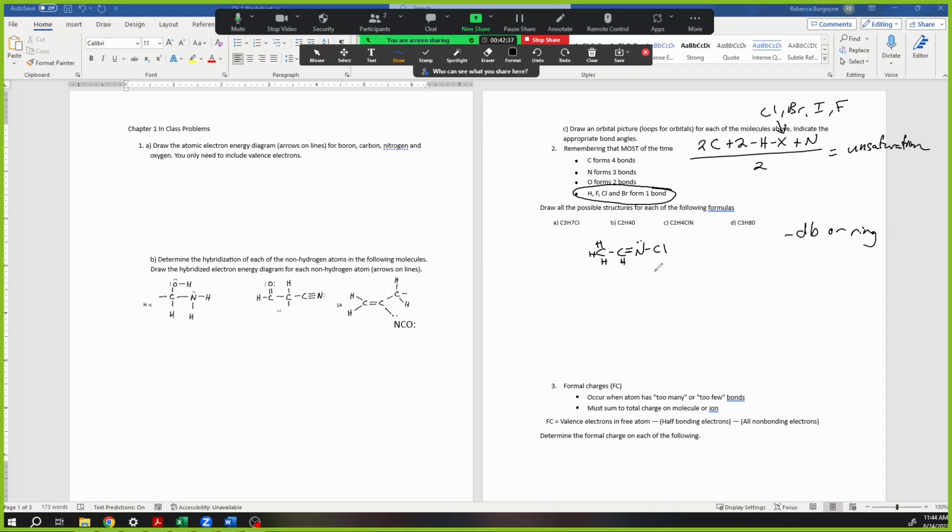We could put double bonds in different places. The carbons don't have to be attached to each other. We can make a ring. This one actually has lots of possibilities, unfortunately.